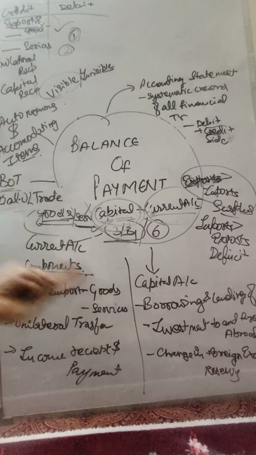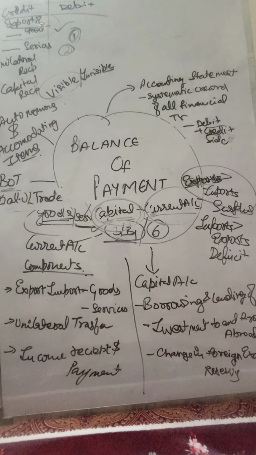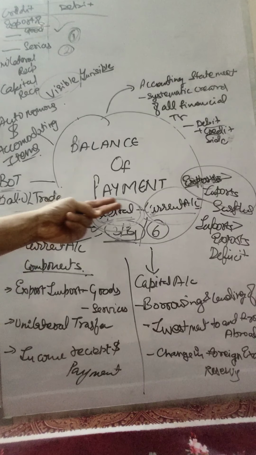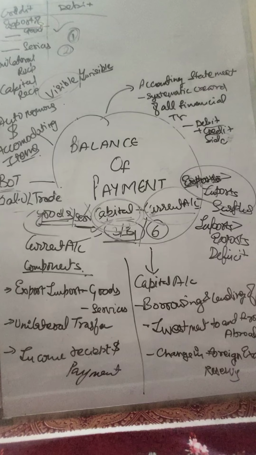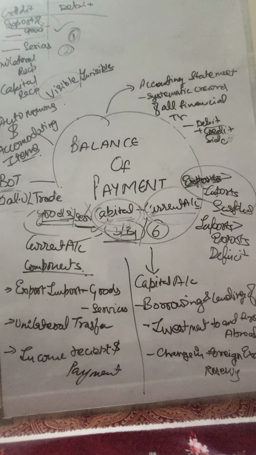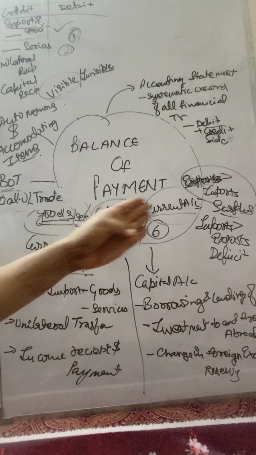Now, what do we include under current account and capital account? What all things are basically included under these? And what is a capital account or what is a current account? So first we will do the current account.